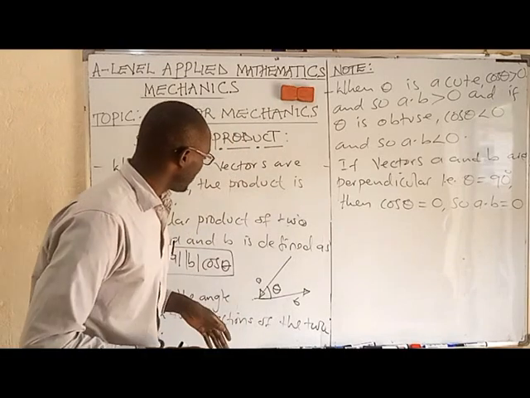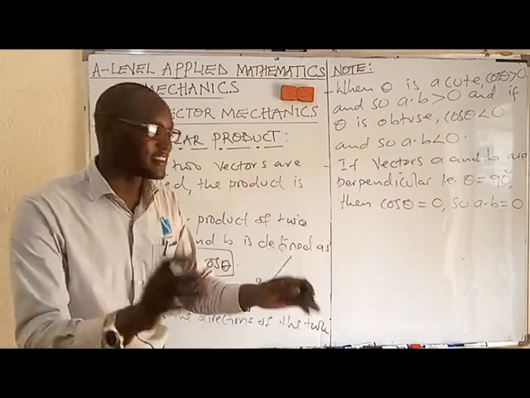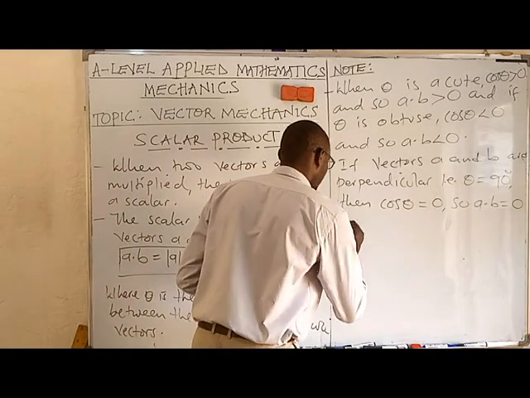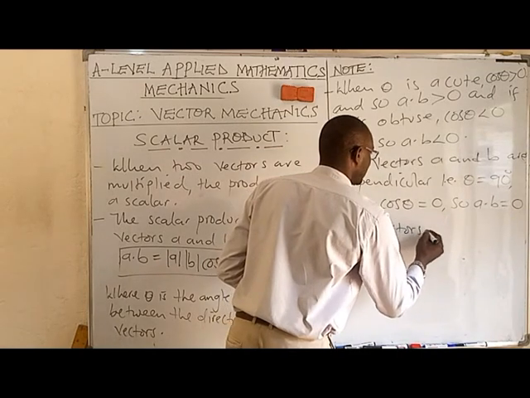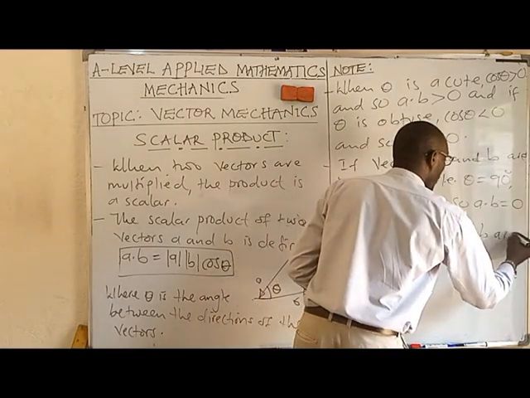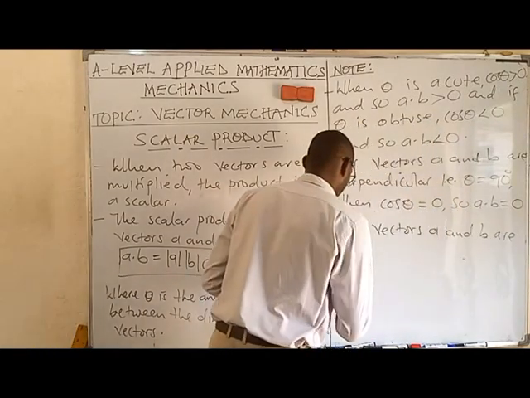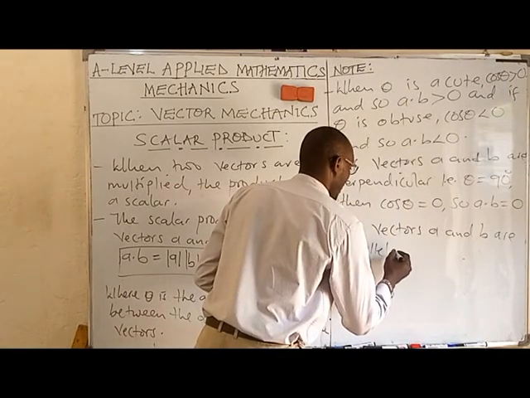Now, what if A and B are parallel, meaning that the angle between them is 0? Oh, very interesting. If vectors A and B are parallel, what do we mean here?